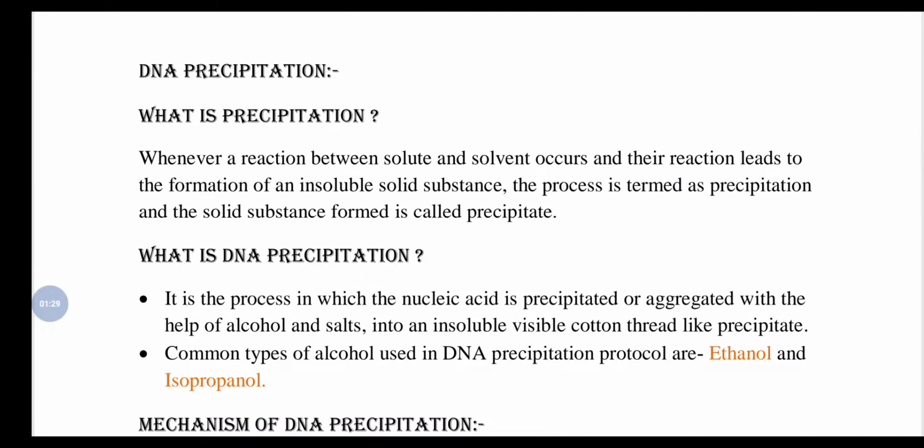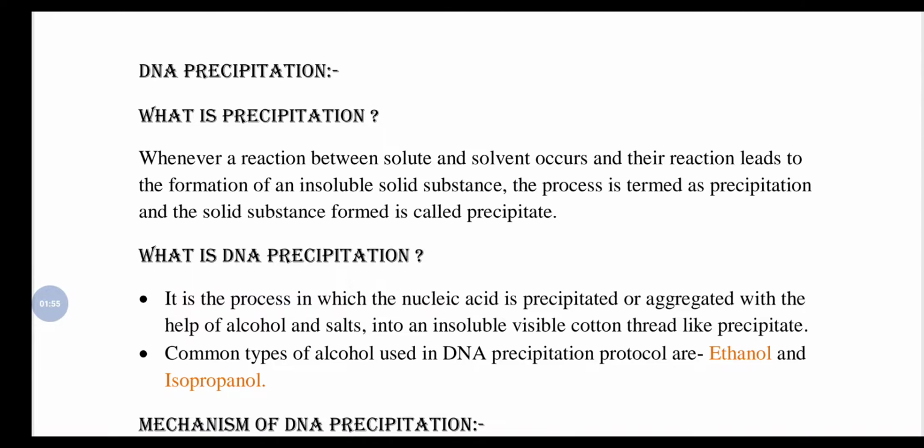Before studying DNA precipitation, you should know what precipitation actually means. Whenever we react a solute with a solvent and we get an insoluble solid substance, this whole process is known as precipitation. That insoluble solid substance is the precipitate.